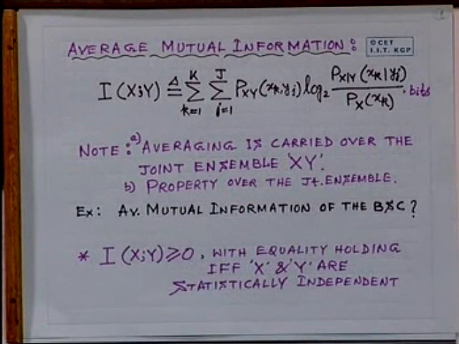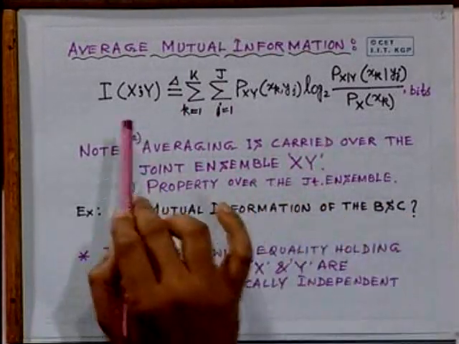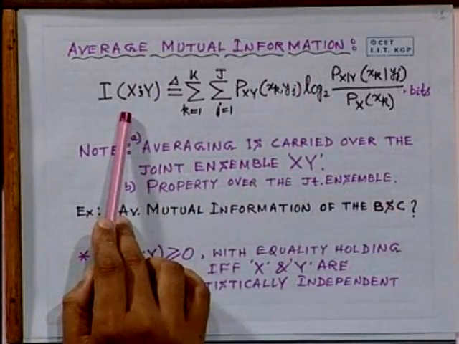So, if I go on observing the outcomes of that joint experiment, all possibilities, and then come out with the probability of each event there, and then come out with an average value, I get this. This is a mathematical form of that, and that is what I am calling the average mutual information. Note the difference in notation now.